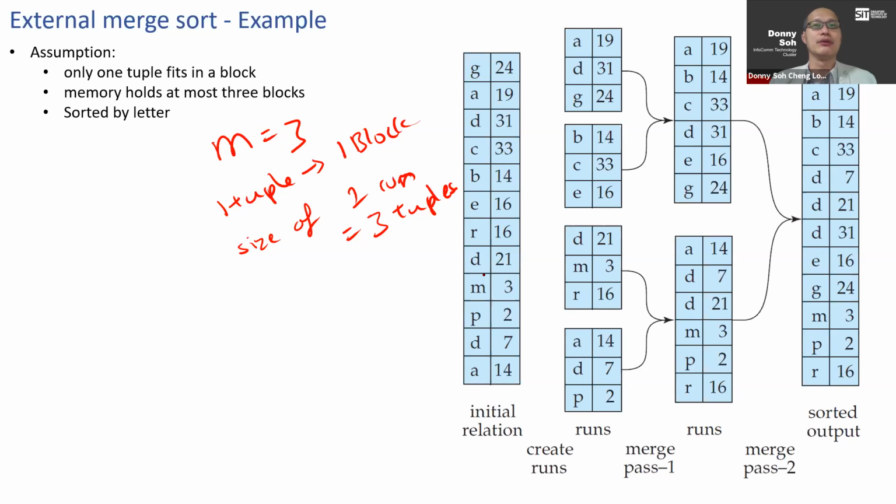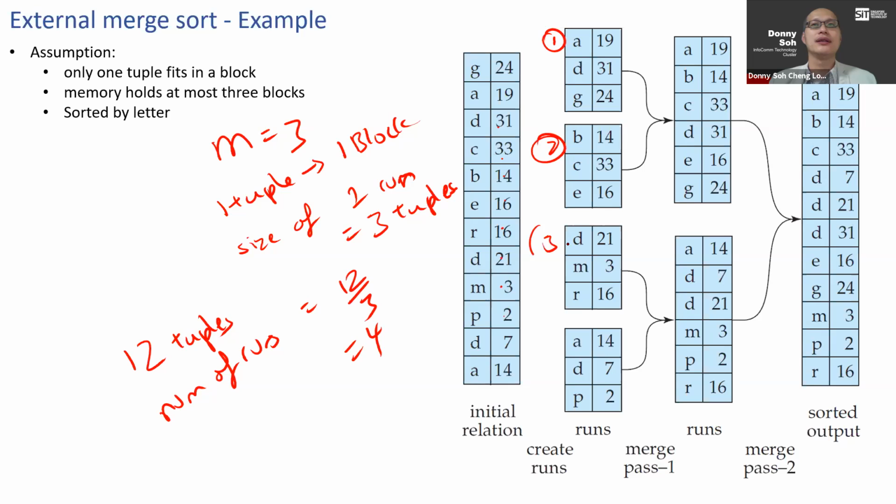And in this scenario, I have 12 tuples in total. So the number of runs equals 12 divided by 3, which is 4. So this is my first run, second run, third run, and my fourth run. So there are 4 runs when the runs are being created.